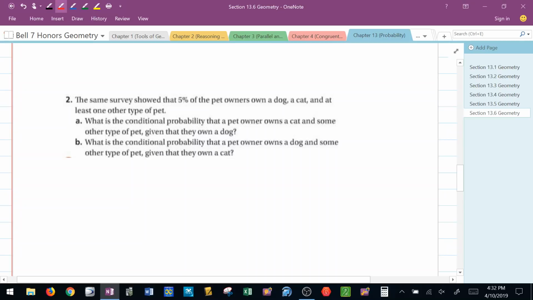So they're giving us the conditional statement here. The probability of a cat and other, given that they own a dog. All right? So to figure this out, I know that this is saying the probability of a cat, other, and a dog. Well, that's that 5%, divided by the probability of a dog, which would be 0.45, if my memory is right.